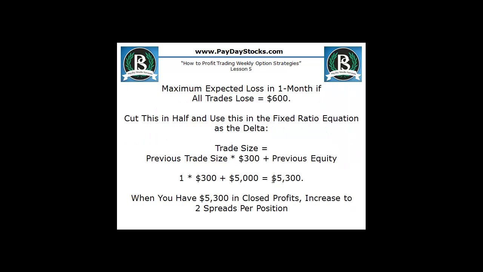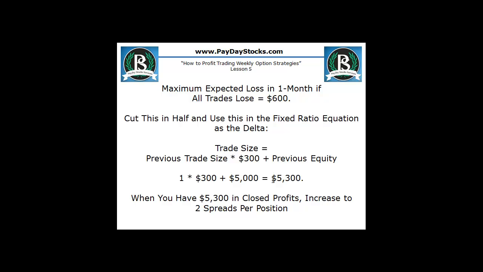And you say the trade size equals previous trade size times 300 plus previous equity. So if you're just starting out, what's your previous trade size? Well, it's 1. And we already know we plugged the 300 into that slot. That's called our delta.